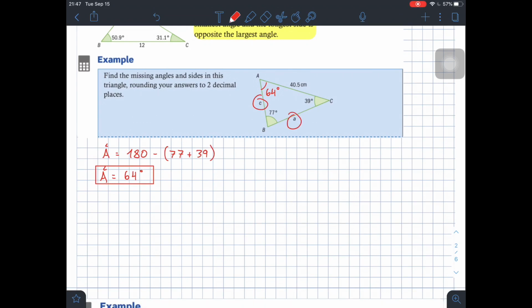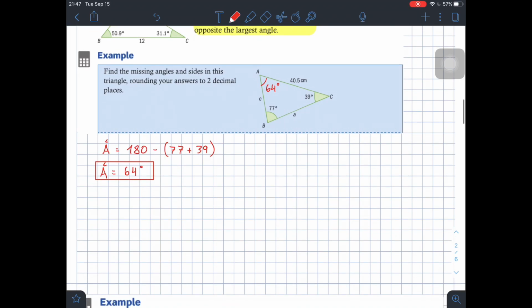We can find any of those by applying sine rule. For example, if we want to find, let's say, side A, we're going to say that A is to sine of angle A, sine of 64 degrees, as, and we're going to use the pair of values we already have, the information of B, which is 40.5, divided by sine of B, sine of 77 degrees, okay?